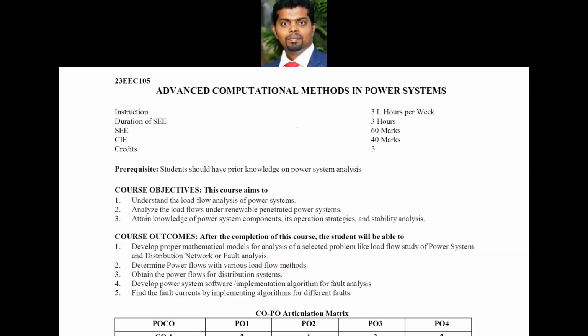A few problems you might have solved in your UG, like a 2-bus system, 3-bus system. But practically speaking, there will not be only a 2-bus or 3-bus system in power system. Why have we taken the 2-bus system, 3-bus system?